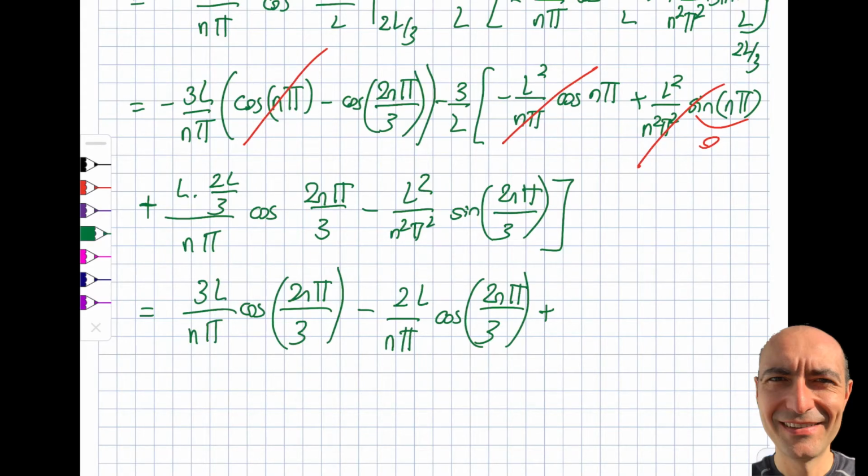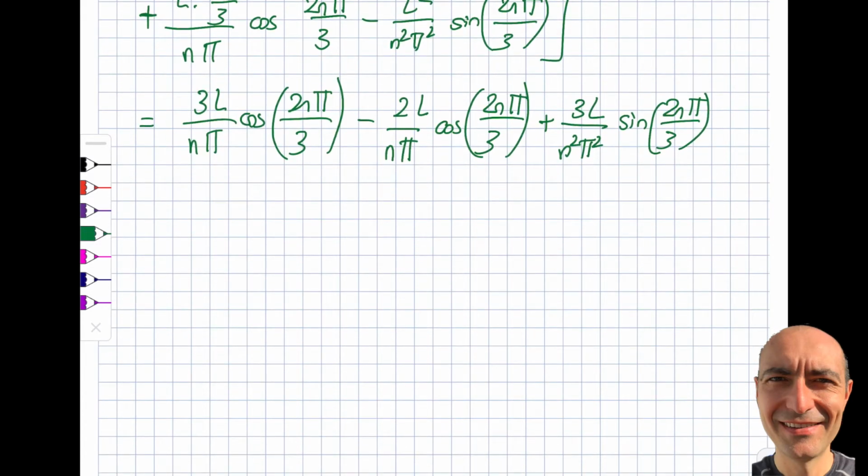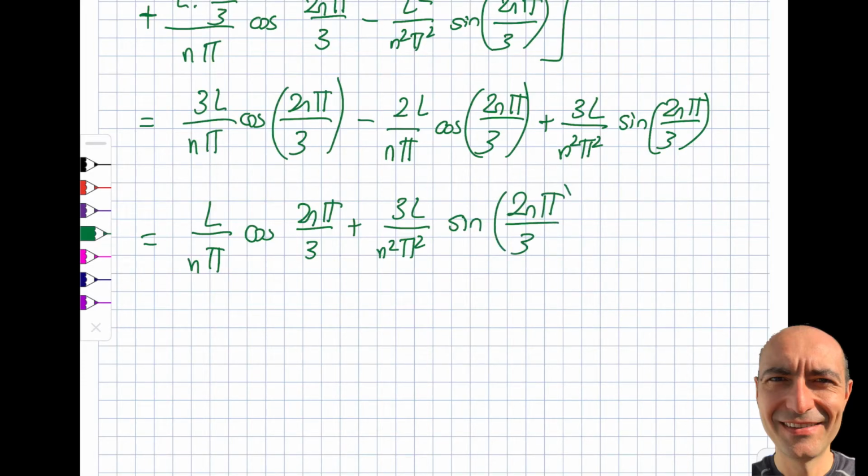One of the L's will cancel, so it's going to be 3L by n squared pi squared sine 2n pi by 3. You can see the first two terms, one is 3, the other one is 2, so it's going to be subtracting from one another. When all said and done, I will get L by n pi cosine of 2n pi by 3 plus 3L by n squared pi squared times sine of 2n pi by 3.